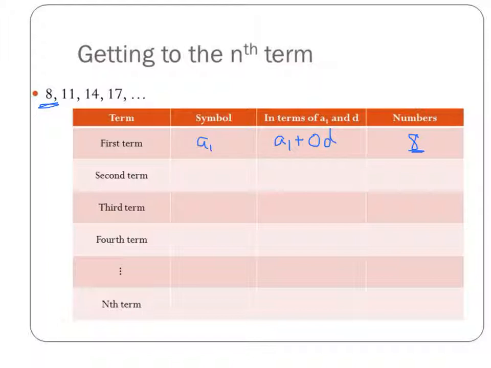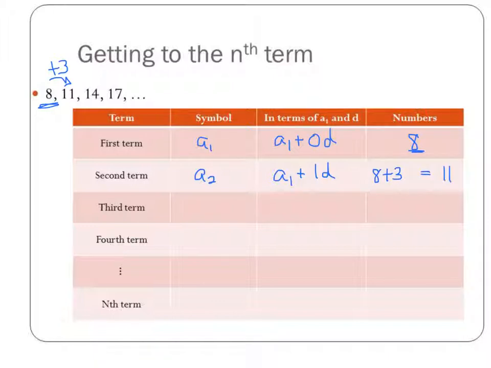My second term is going to be a sub 2. To get there, I'm going to take a sub 1 plus 1 of the common differences, because in this case, it would be plus 3. Okay, and in our case here, let's write it 8 plus 3, which is 11.